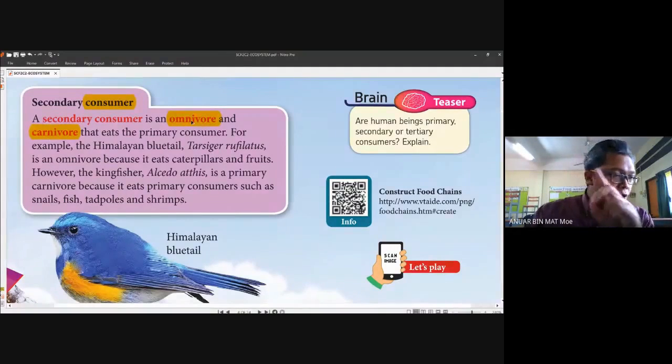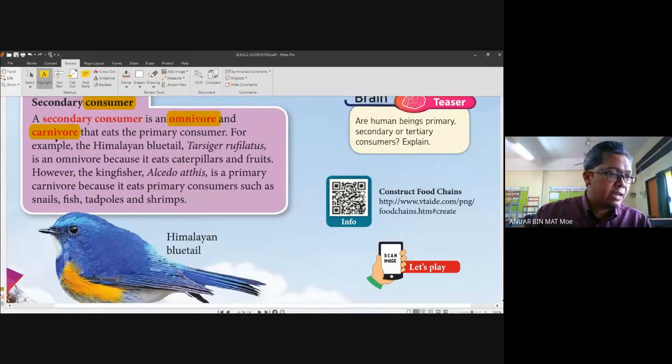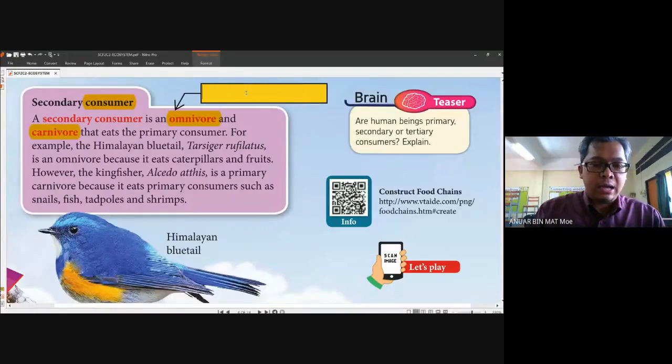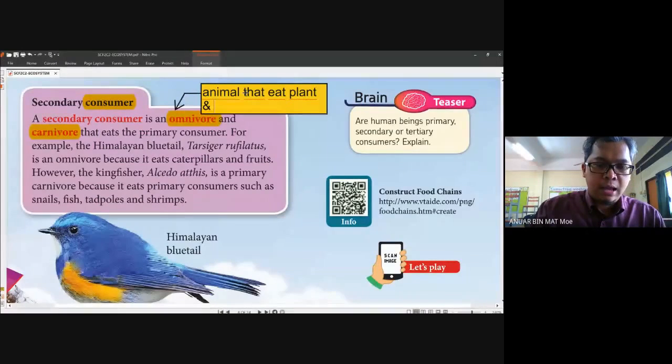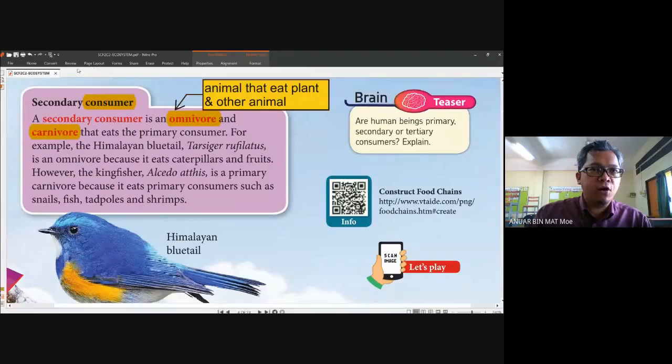What is omnivore? Omnivore will eat plant and other organism. And then carnivore is what? Carnivore means it only eats meat. Animals that eat plant and other animals, this is omnivore. And then what is carnivore?